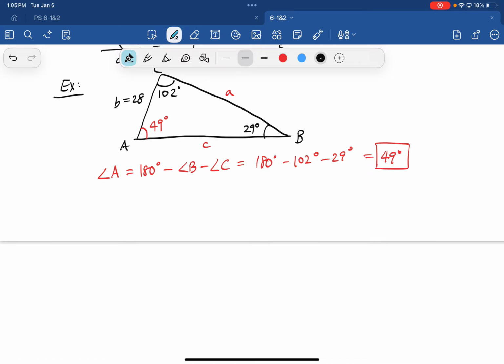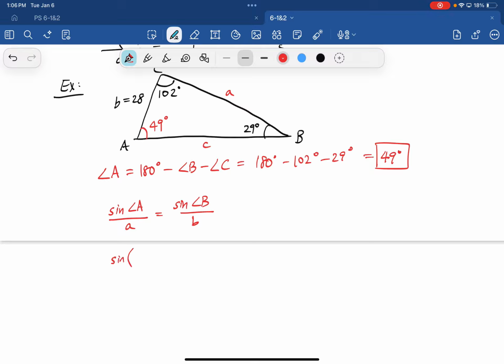To do law of sines, we are going to do sine of angle A over little a equals sine of angle B over little b. The reason that we want to use angle B and little b is because we know this: b equals 28, and angle B is 29 degrees. So now we can plug in all of our information.